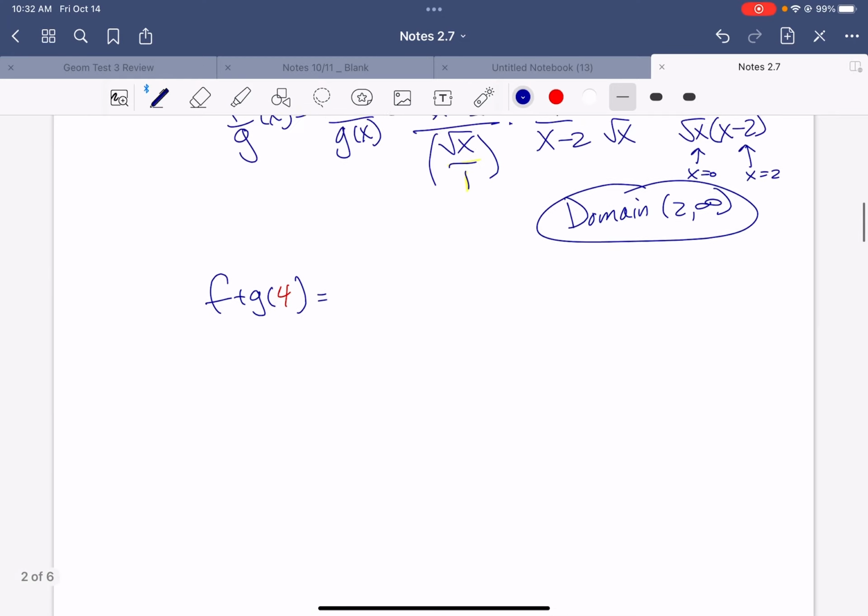Well, one way to think of it is it takes this output and it adds this height to it. So I take that height and I add it up here. That's going to be a point on f plus g of x.